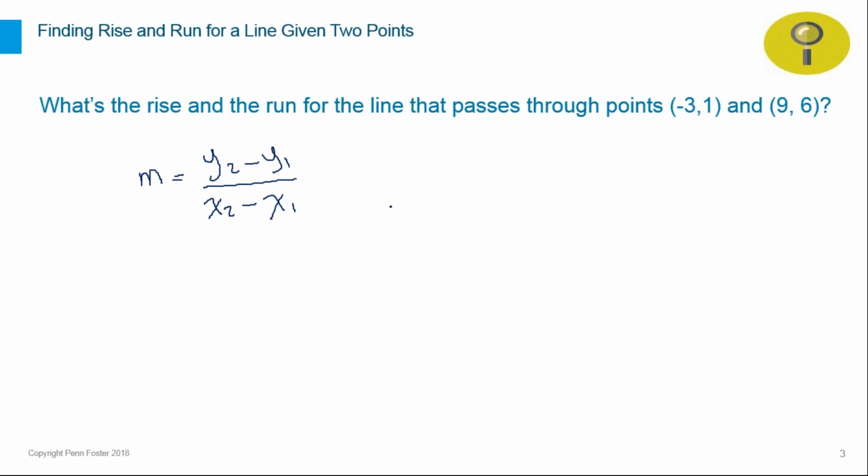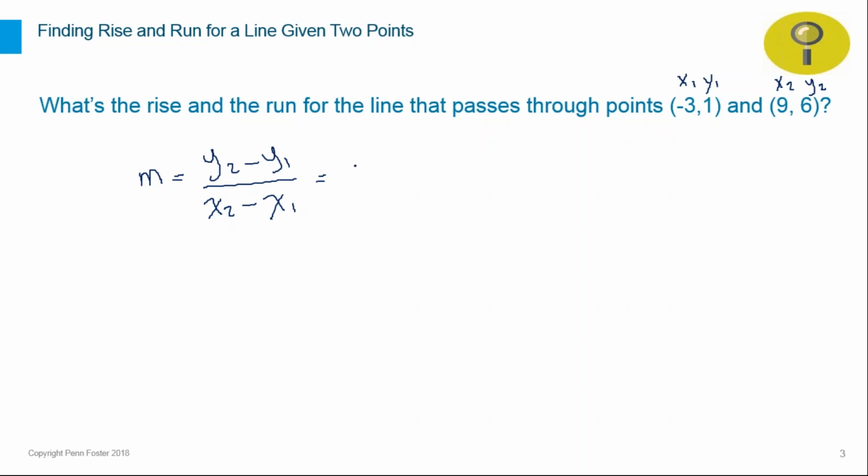Since we have 2 points given, we are able to label the x and the y coordinates on each and use them in the formula. The first one, x1 and y1, the second one, x2 and y2. Use the values of those points in the formula and do the math to find the slope.